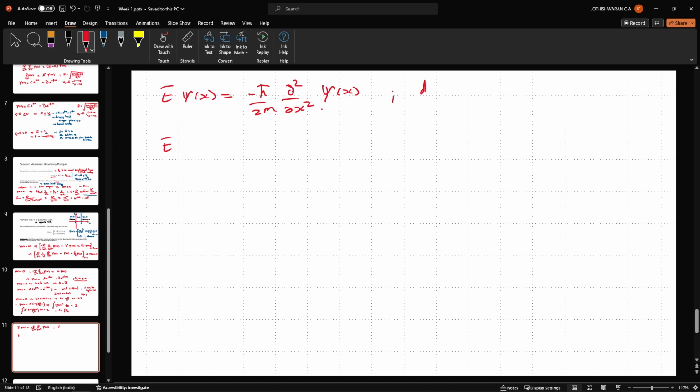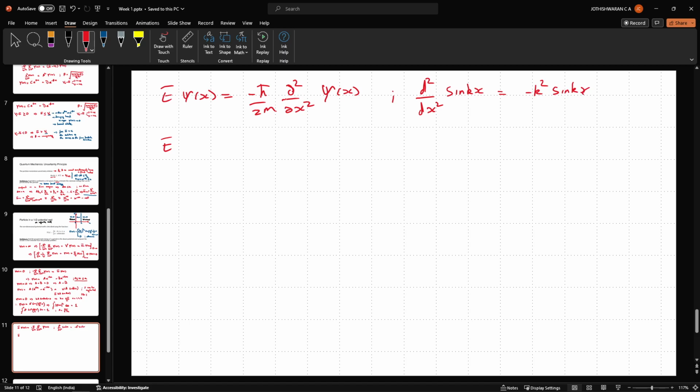Since there is only x, partial derivatives are equivalent to standard derivatives. Sine kx is minus k squared sine kx.